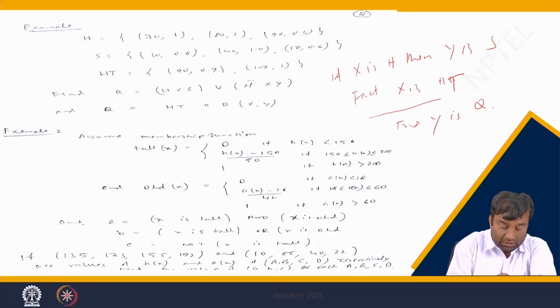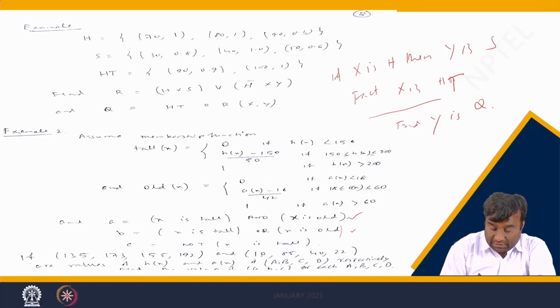The rules are: A, if x is tall and x is old. B, if x is tall or y is old. C, not x is tall. The inputs for height are 135, 173, 155, 192, and for old age the inputs are 80, 10, 85, 40, 22.